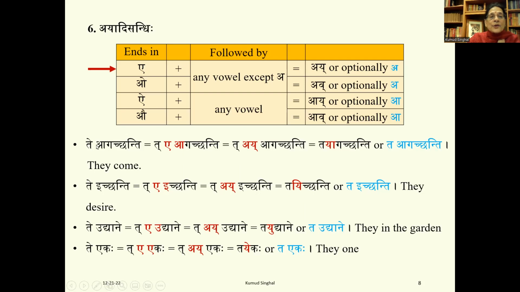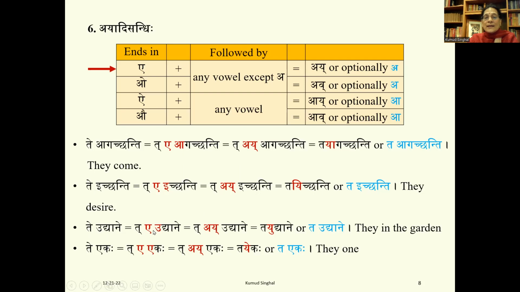So they come. Here A was followed by A, which was not A. In this example, A is followed by E. Te icchanti, they desire. Again, A is replaced, E is not A, so A is replaced by I. So Ya and E becomes Yai, tyachanti or ta ichanti. Now A is followed by U. Te udyane, they in the garden.